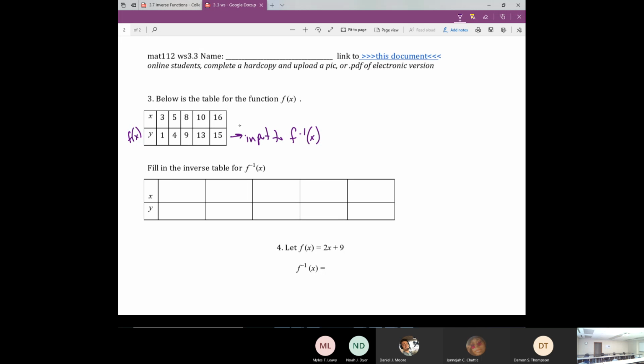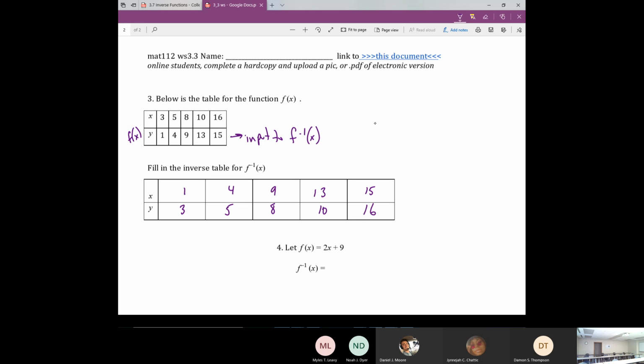My input into my f inverse is 1, 4, 9, 13, 15. The output is going to be exactly the inverse. So now I know f inverse of any of these inputs gives me exactly what I originally had.